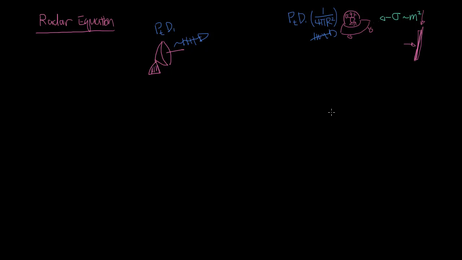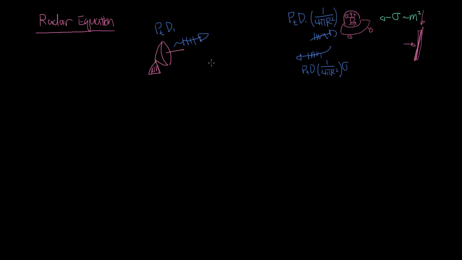So you have this radar cross-section; it adds a factor and then reflects the wave back. You get your reflected wave, which is the transmitted power times the directivity with the 4 pi r squared penalty, multiplied by the radar cross-section that tells you how much is reflected.